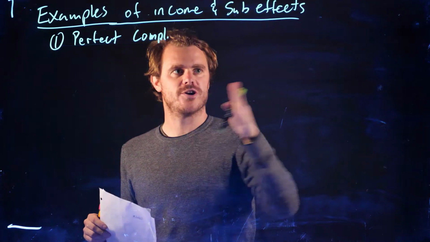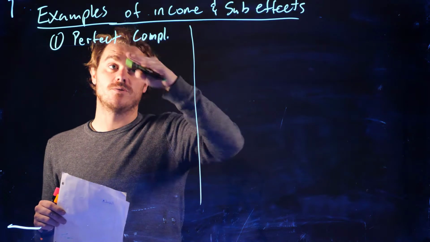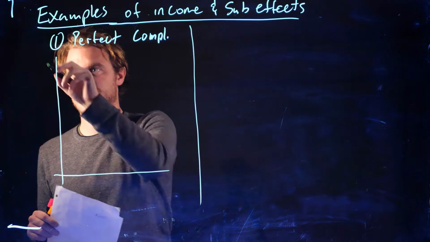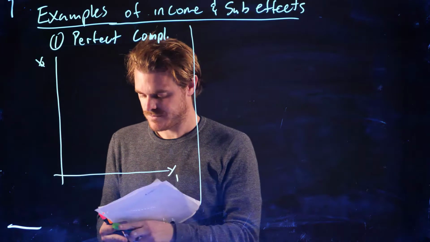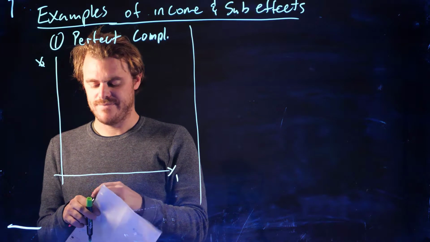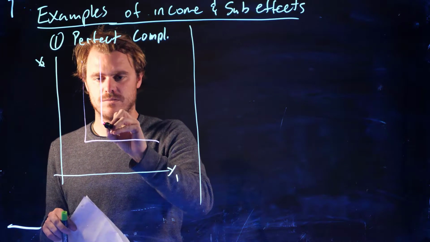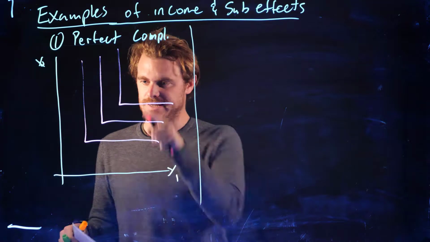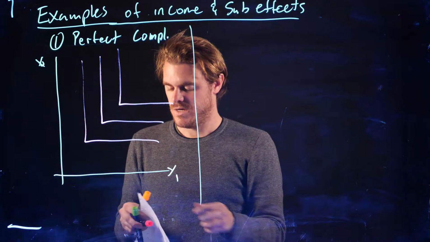So I'm just going to draw it over here, and maybe we can fit another one in. All right, so perfect complements. Amount of good 2, amount of good 1. And remember, we have perfect complements, these right angle indifference curves.